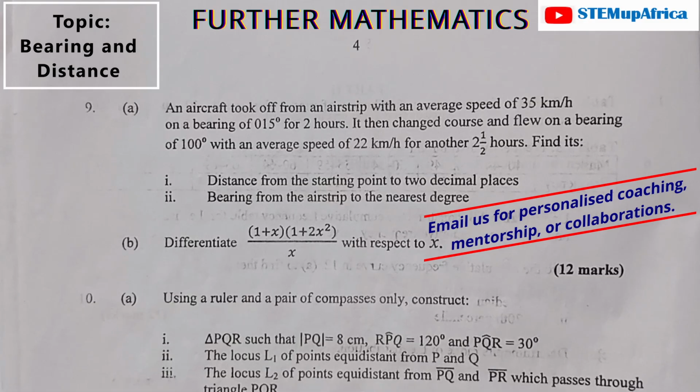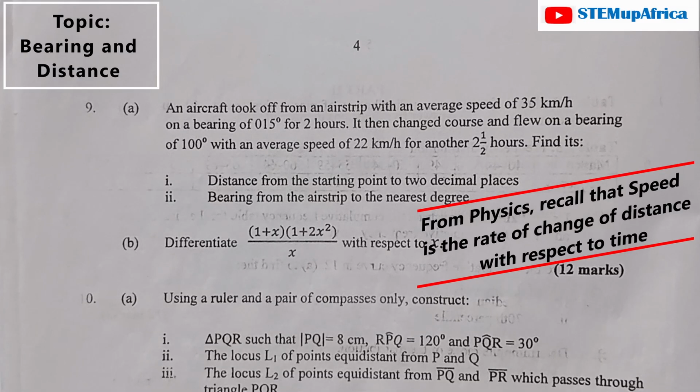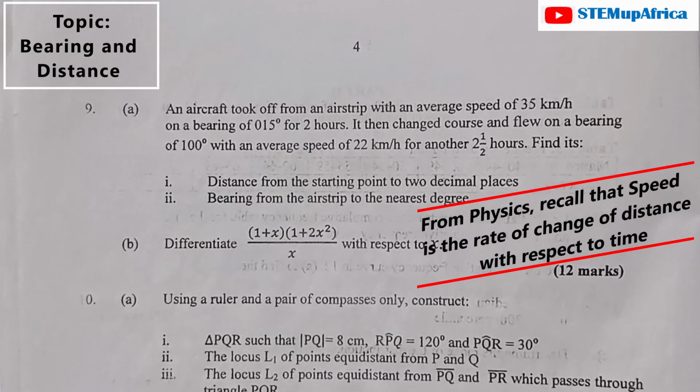So before you can solve a question on bearing thoroughly, it's very important you draw the diagram for the description and also calculate the distance if the speed and time is given to you. So let's start. From physics, we are told that speed is defined as the rate of change of distance with respect to time.